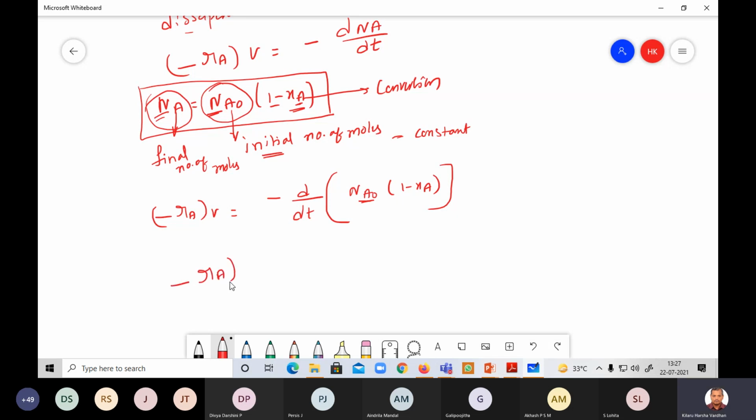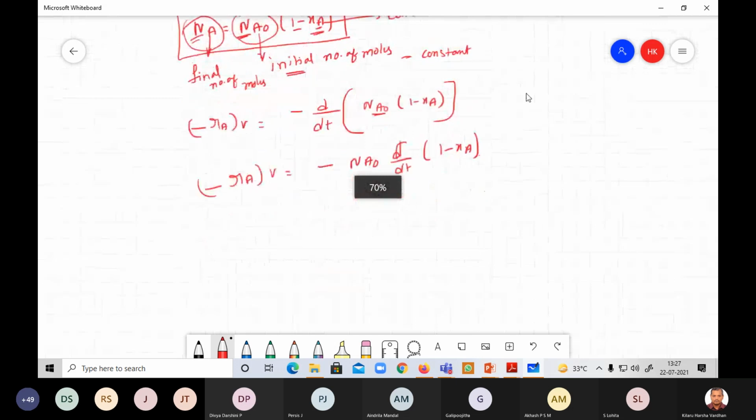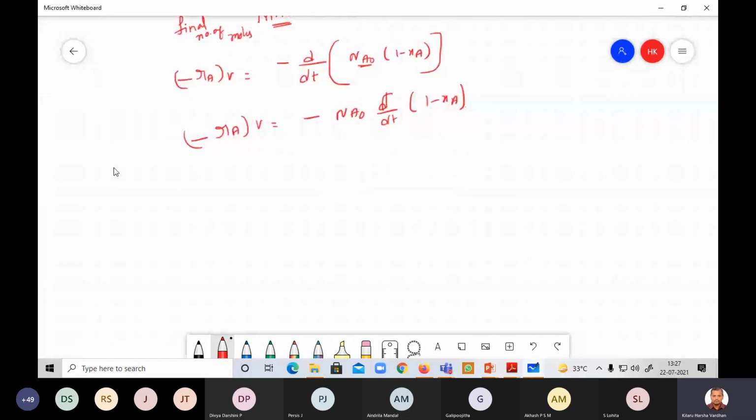Therefore, minus Ra into V is equal to minus Na naught into d by dt of 1 minus Xa. So minus Ra into V is equal to minus Na naught into d by dt of 1 minus Xa.